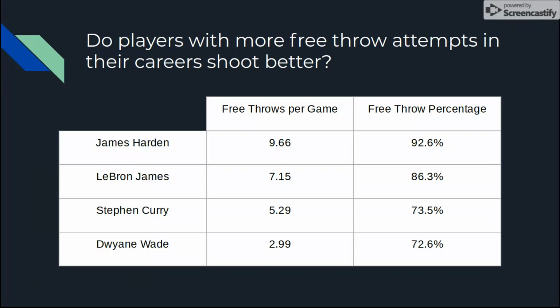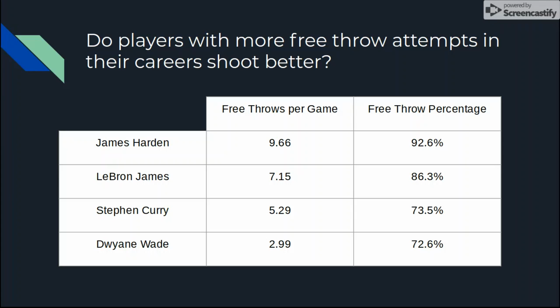Do players with more free throw attempts in their careers shoot better? Some players end up on the line significantly more than others. We took four significant NBA players: James Harden, LeBron James, Stephen Curry, and Dwyane Wade. As you can see, James Harden had the most free throws per game, LeBron James came in second, and so on.